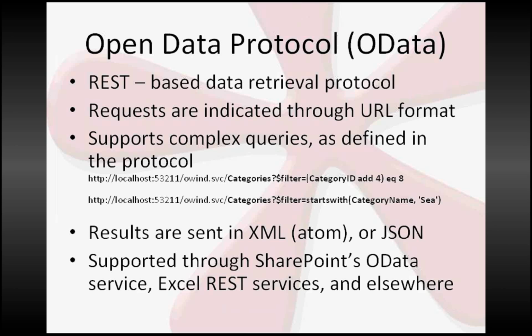And to all of you, I think what will be often relevant is that SharePoint 2010 provides OData services through its OData list service and its Excel REST services. And there are a number of other OData services popping up all over the web.